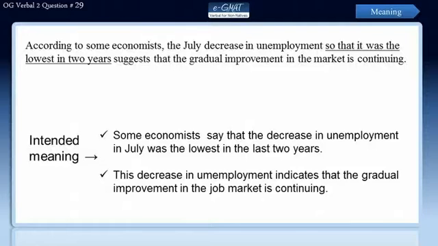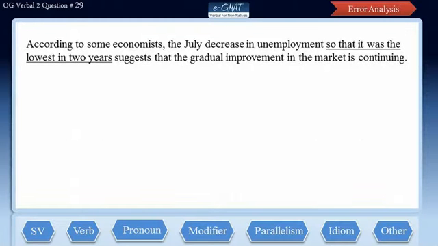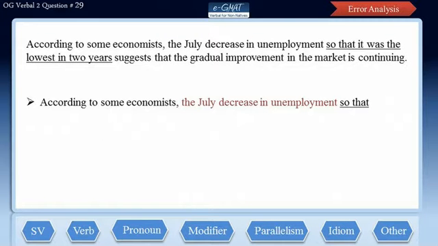Now let us evaluate the errors in this sentence by splitting it into clauses. So here comes the first clause. According to some economists, the July decrease in unemployment, so that here the July decrease in unemployment is the subject. Well, presence of that tells us that we have another clause here that reads, it was the lowest in 2 years. Here it is the subject and was is the verb.